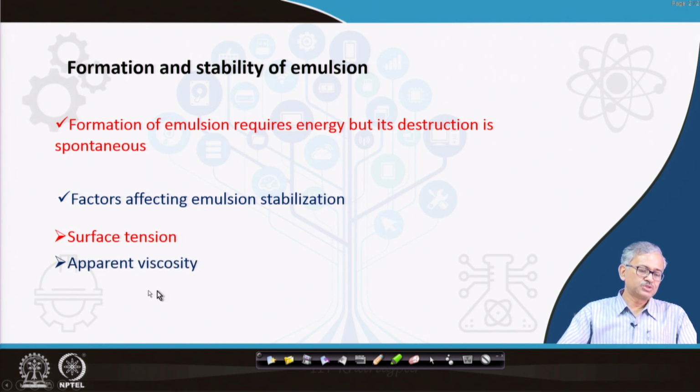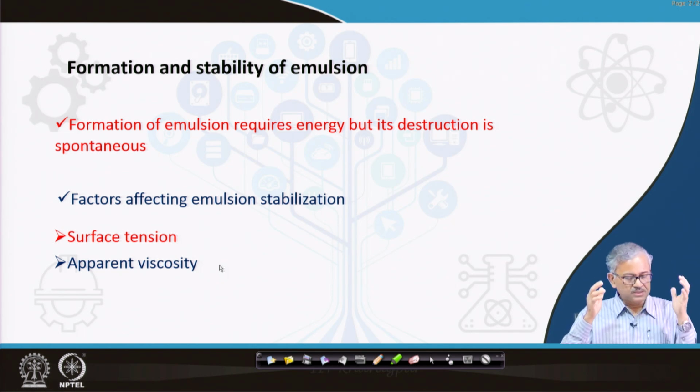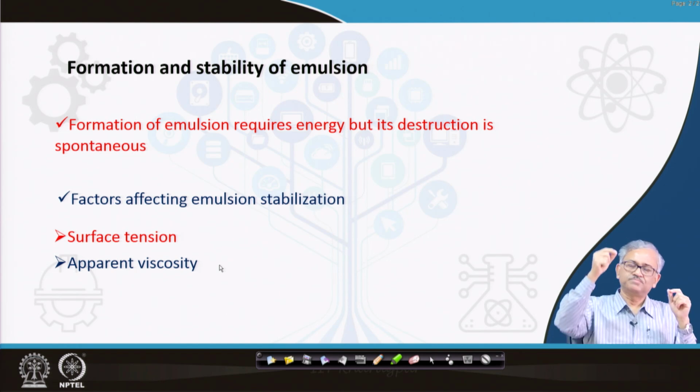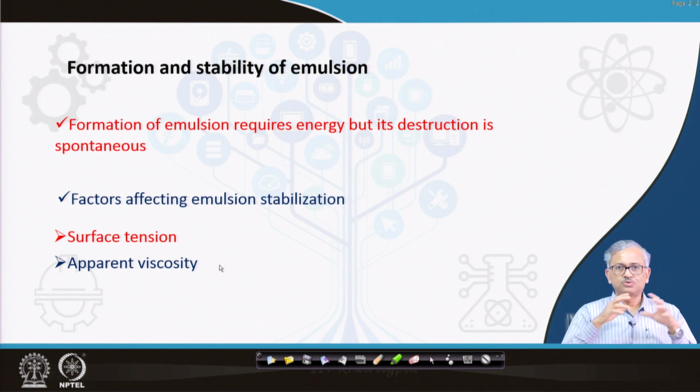And apparent viscosity is another factor. If the viscosity of the emulsion system is high, where the major phase is the slag, so the slag phase viscosity is high, then the gas bubbles and the liquid droplets will move much more slowly through the slag to come back to the main liquid.